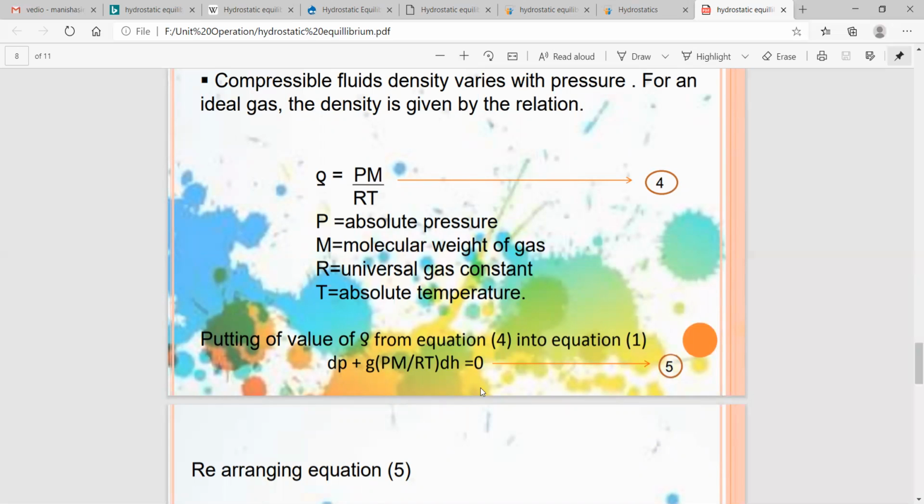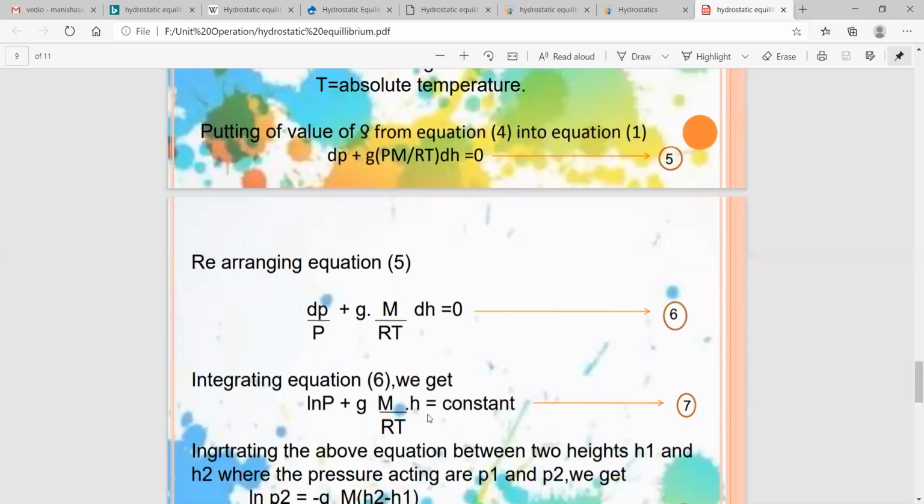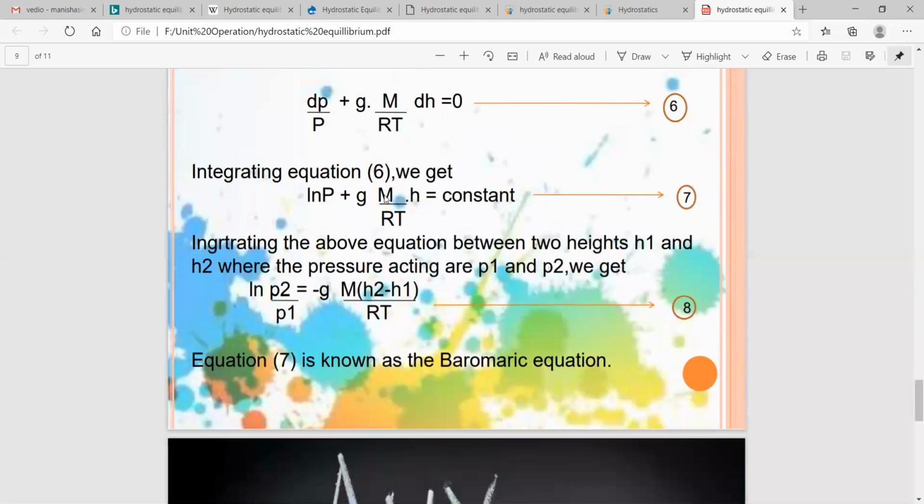Putting the value of rho from equation 4 into equation 1, we get dP plus g PM by RT dH equal to 0. By rearranging, we get dP by P plus gM by RT dH equal to 0. And integrating equation 6, we get ln P plus gM by RT H equal to constant.